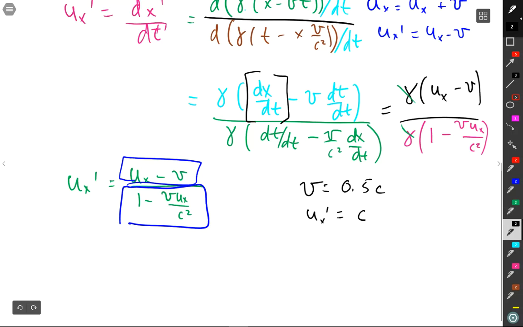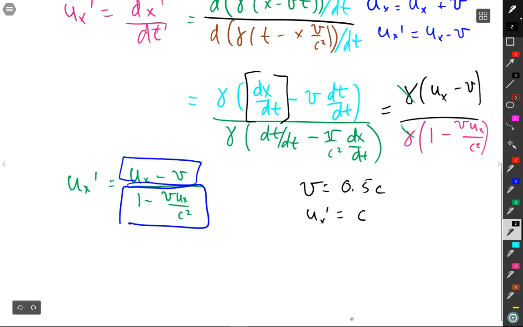That's, you turn on the lights on your car that's traveling at half the speed of light. I actually found the ux prime instead of the ux. You can transform from one reference frame to the other by switching the sign of v.